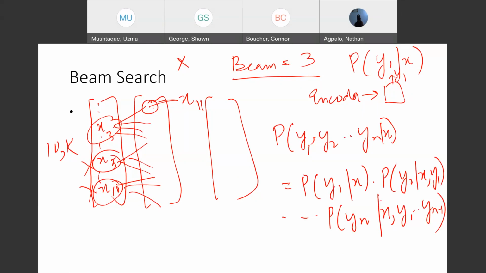And typically vocabulary size would be at least 10,000, whatever language we are using. So imagine the values that will get computed for each of those paths, for each of those probability values. This can be really small, because we are multiplying those small probability values.